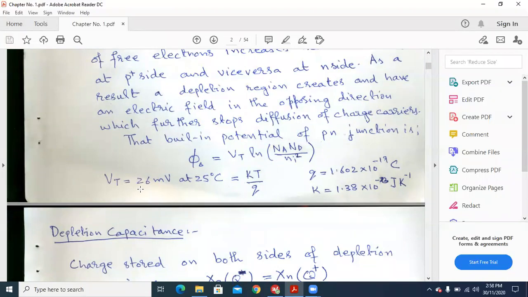Vt is 26 millivolt at 25 degrees centigrade, and if you want to calculate it for other temperatures, you can do so by substituting kT by q, where the value of k is 1.38 x 10^-23 joule per Kelvin, and q is 1.602 x 10^-19 coulombs.